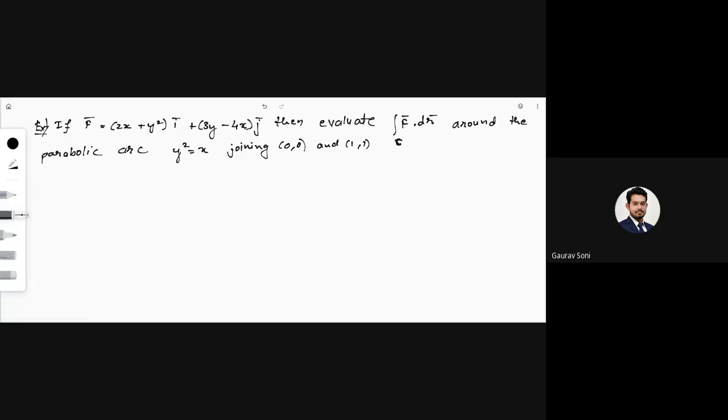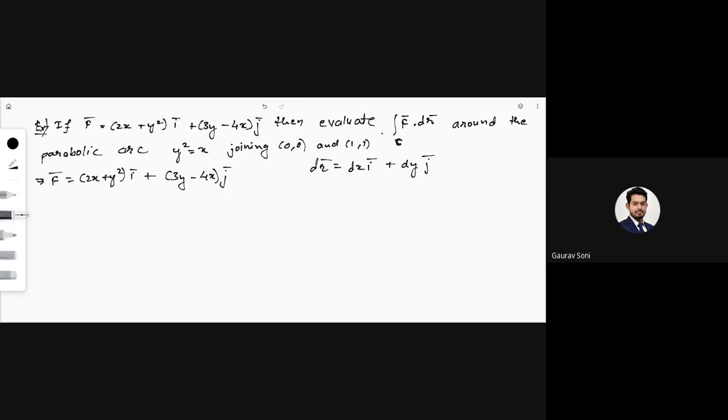Look, f bar is given. What is our dr bar? So f bar is (2x plus y square) i bar plus (3y minus 4x) j bar. What is dr bar? Dx i bar plus dy j bar.